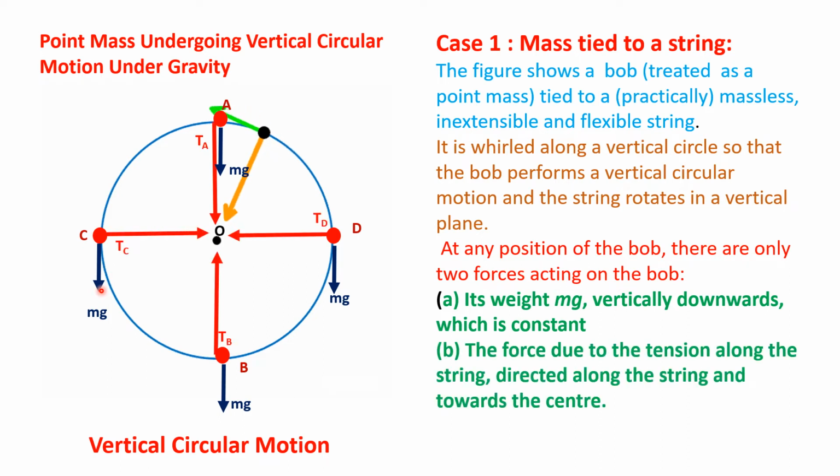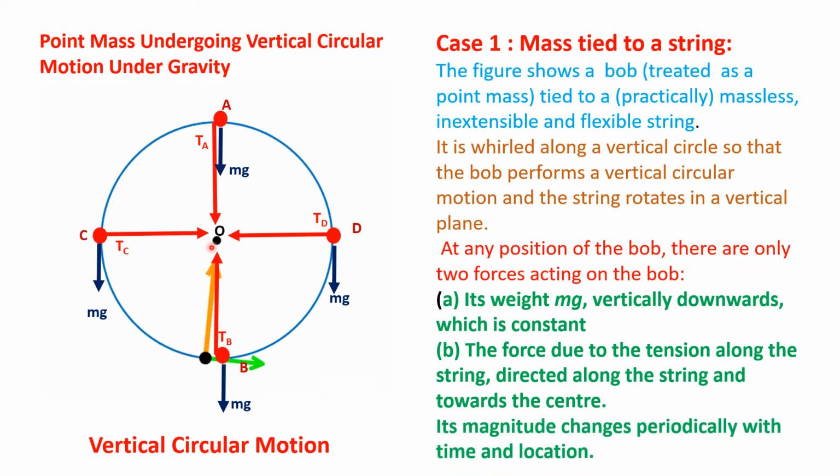And second is the force due to tension along the string, directed towards the center of the circular path, which always balances the centripetal force. Its magnitude changes periodically with time and location.